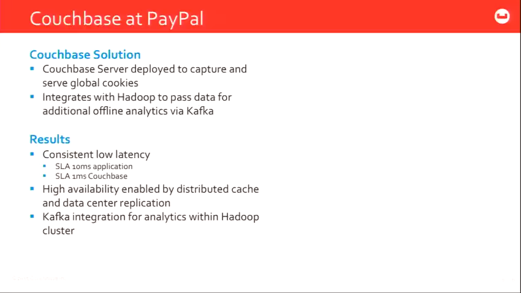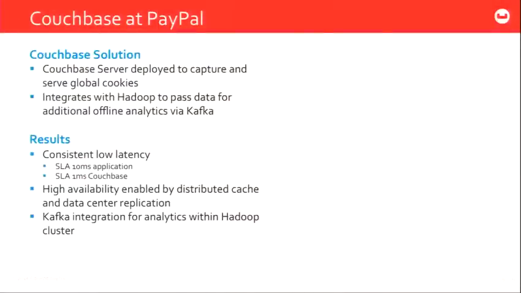So ultimately, the solution that we were able to stand up is a Couchbase Server deployment with Hadoop integration running across Kafka. And it's not just point-to-point. Kafka has multiple endpoints that are all streaming across that Kafka cluster. This just happens to be one of those endpoints.